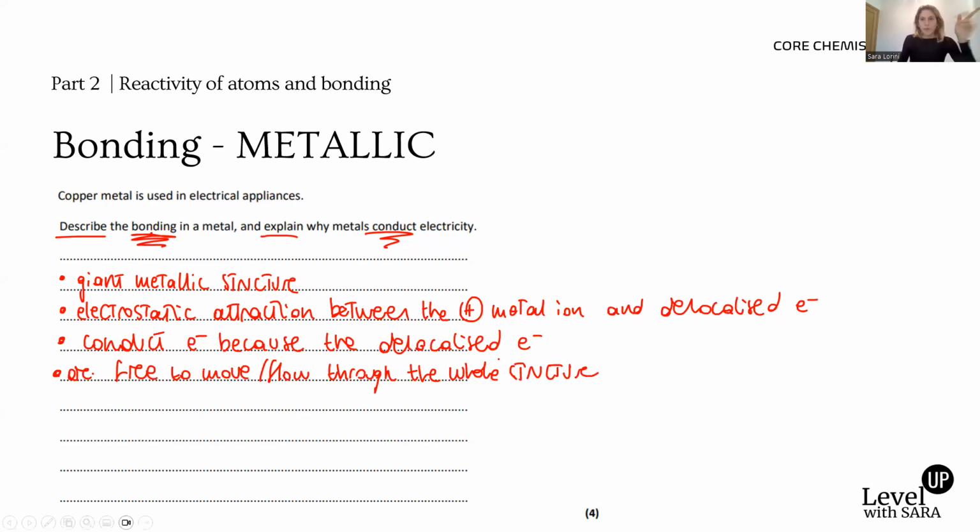So as you can see, 4 marks: the giant metallic structure with electrostatic attraction between the positive metal ions and the delocalized electrons, and it conducts electricity because of the delocalized electrons that are free to move.